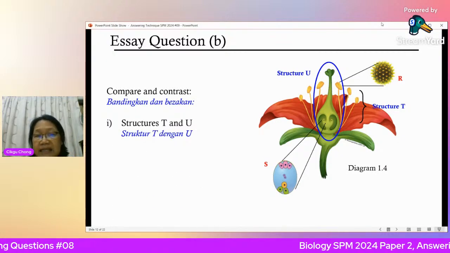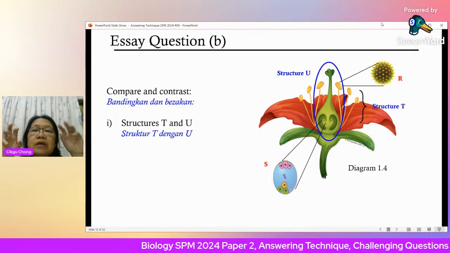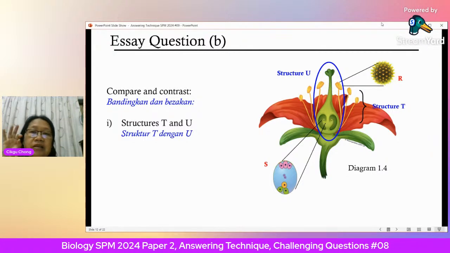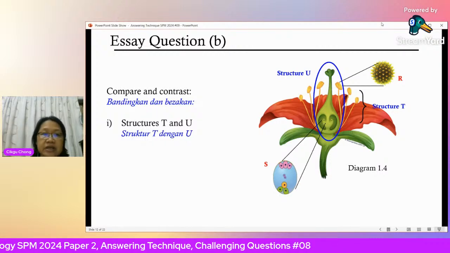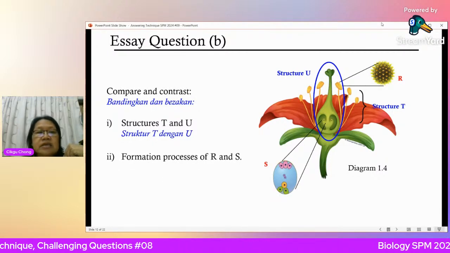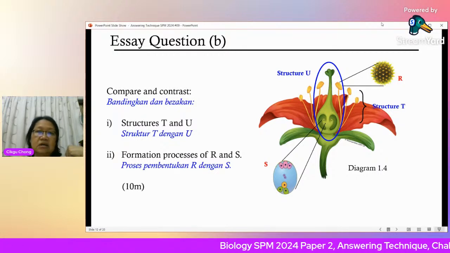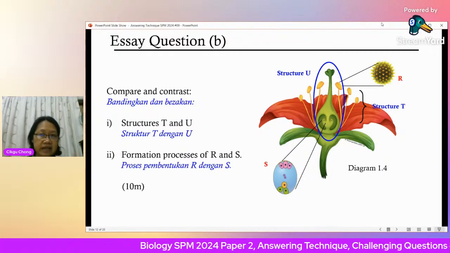You have to compare T and U. T and U are the male reproductive organ and the female reproductive organ. T is the male, U is the female. And another thing is to compare the process of making R and S.